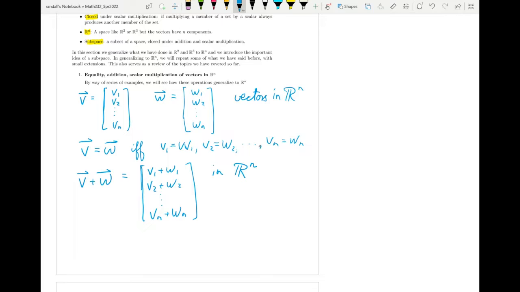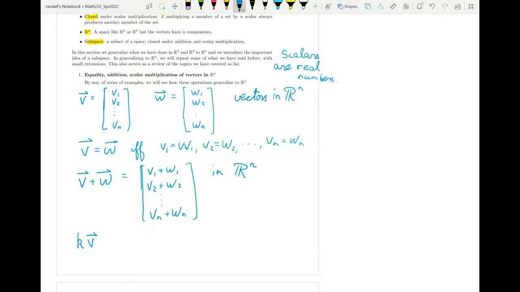And similarly, for scalar multiplication, we'll take scalar k, and multiply it by v. I'll just mention up here that when we see the word scalar in linear algebra, we mean real numbers. There's many kinds of numbers, but we'll be working with real numbers when we talk about scalars. So I'll take a real number k, and I place it in front of the vector v.